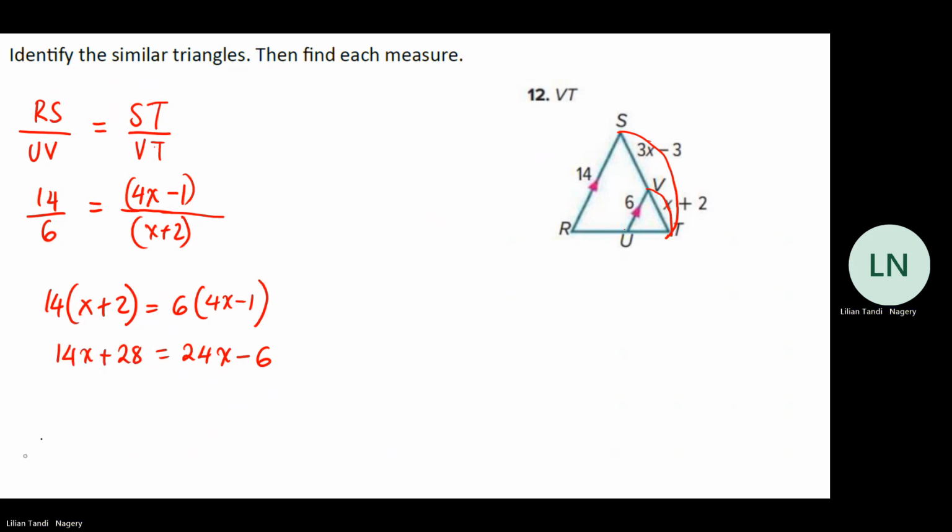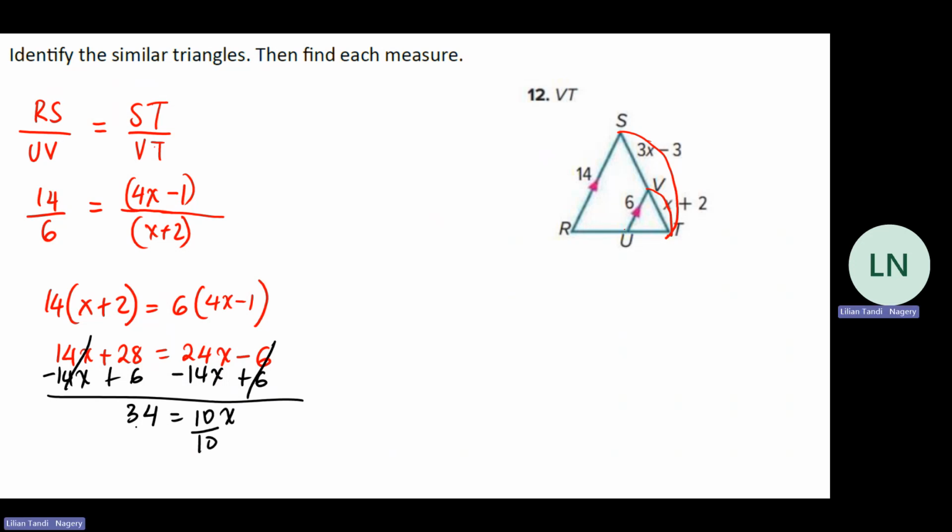So minus 14x, minus 14x, plus 6, plus 6. So this should be 34 equals 10x. Divide by 10, divide by 10.